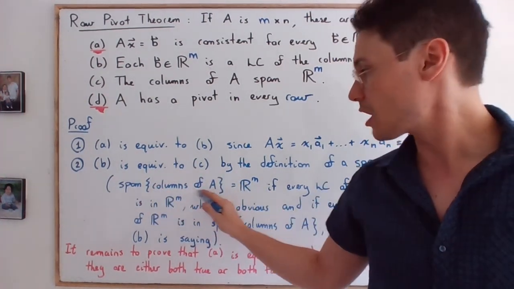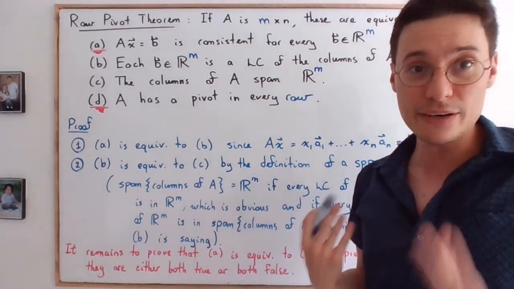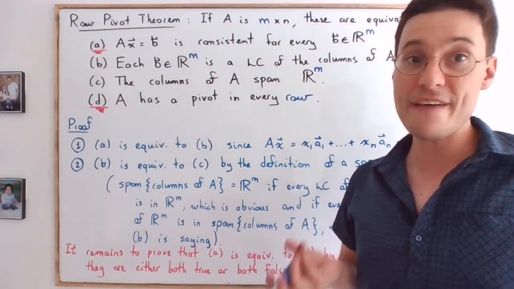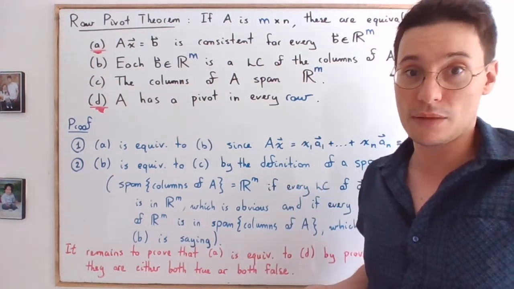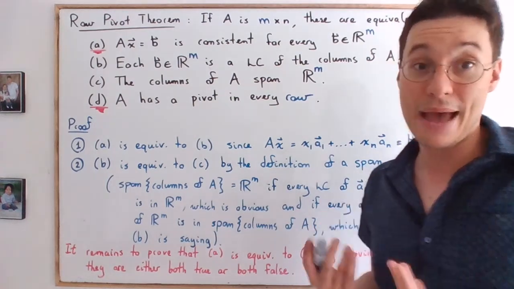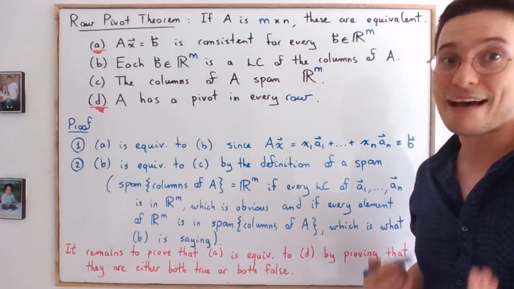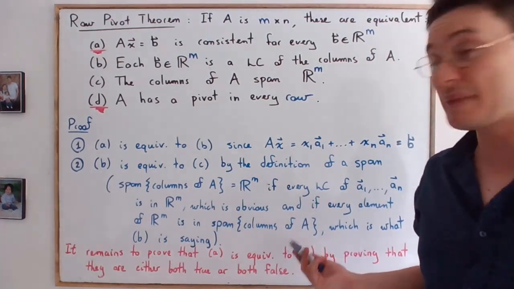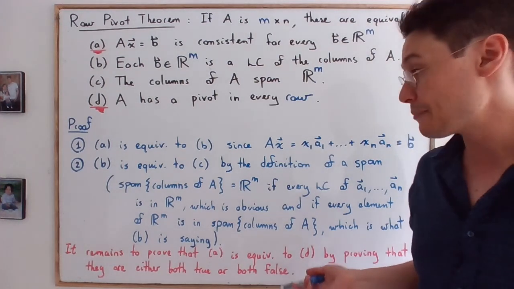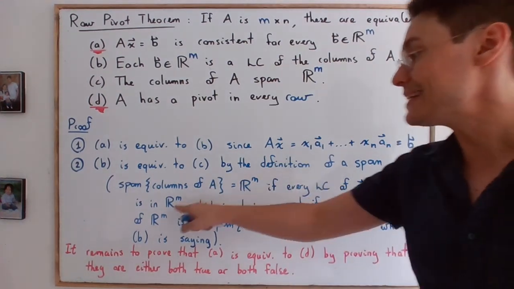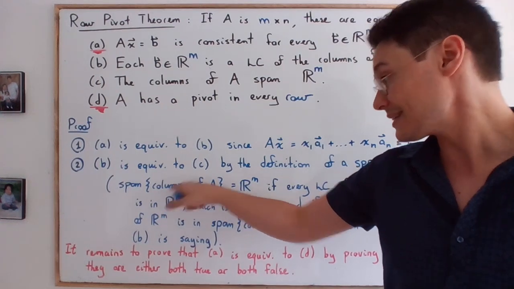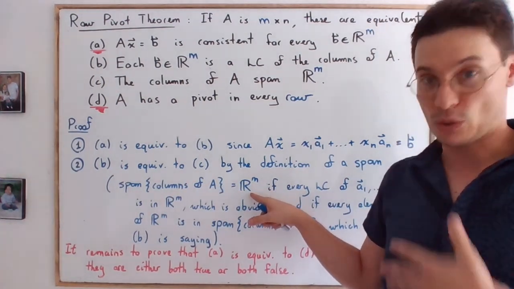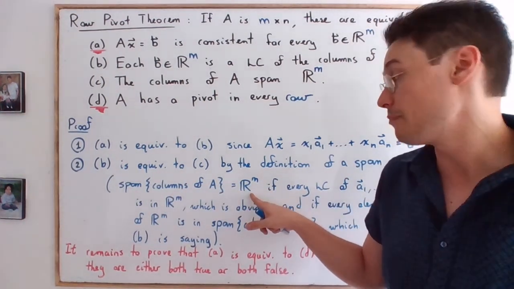The span of the columns of A is the set of linear combinations of vectors that are the columns of A. And since A has m rows, these vectors have m components. So a linear combination of vectors of m components is certainly inside Rm. So this set is contained in this set. This is actually obvious.